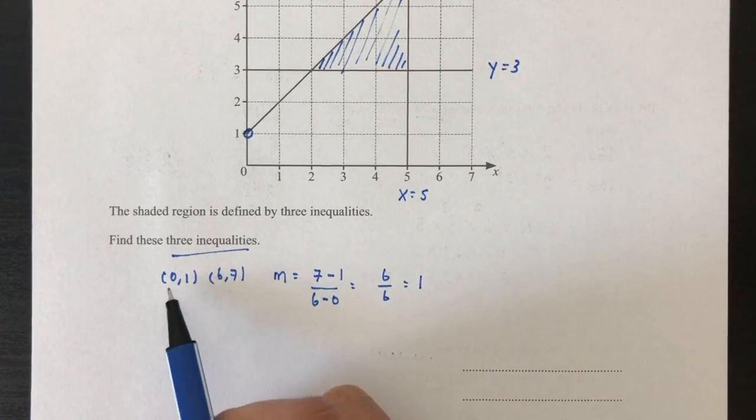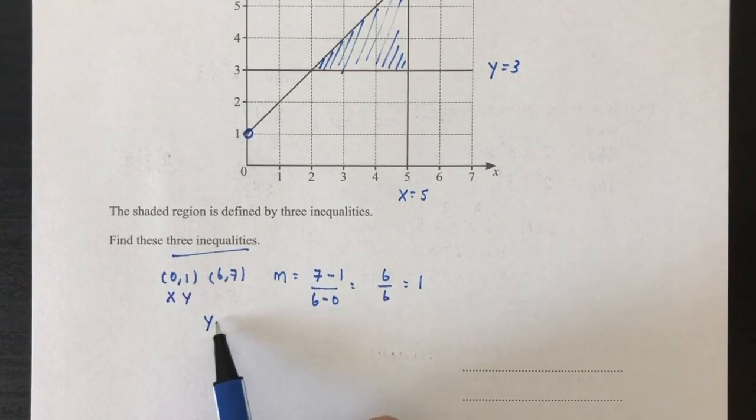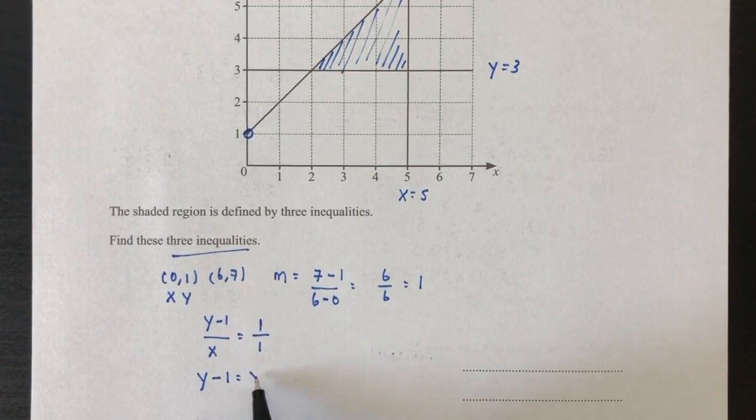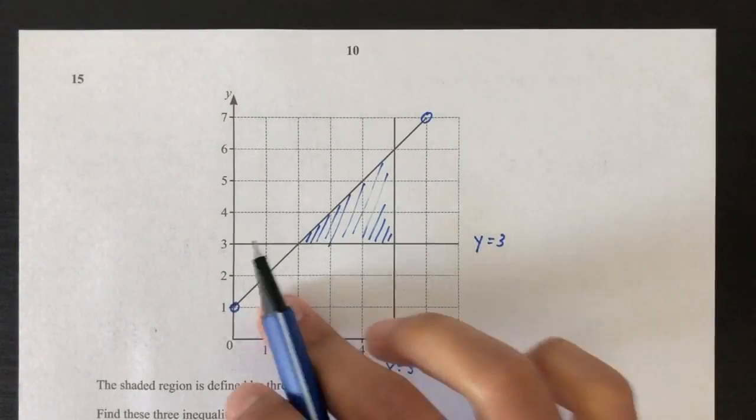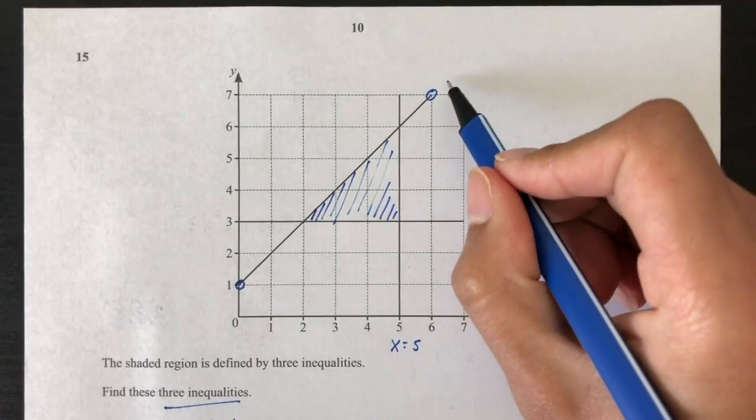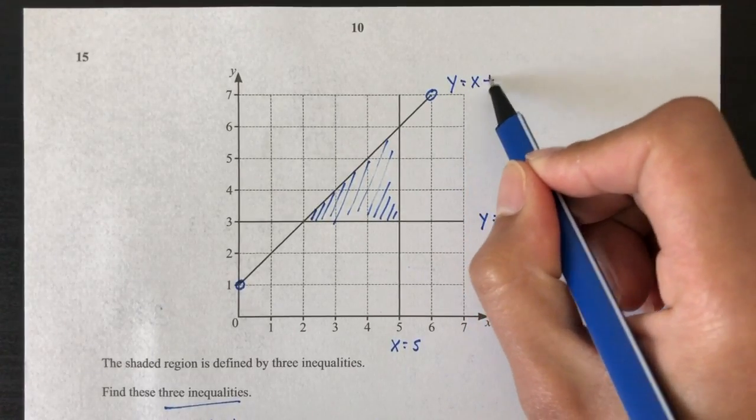Now use 1 point, we have x, y, so y minus 1 over x minus 0, that will be 1 over 1. So y minus 1 will be equal to x, y will be x plus 1. So this one here will be the line y equal to x plus 1.